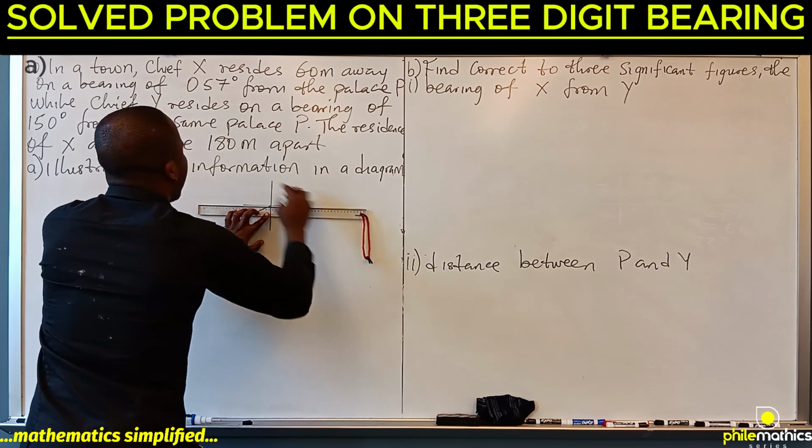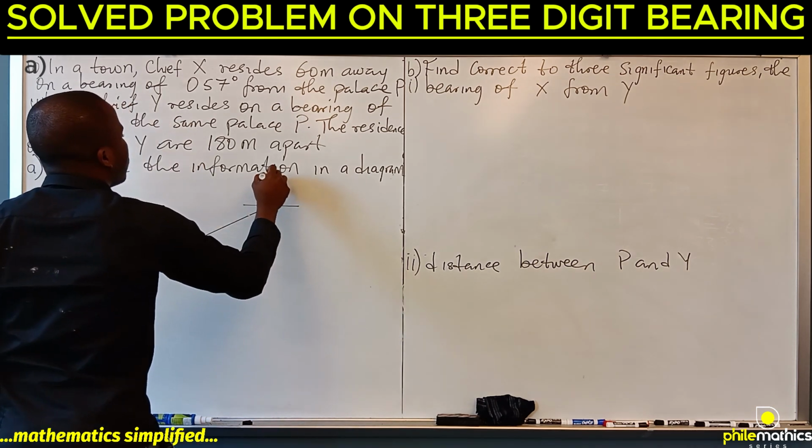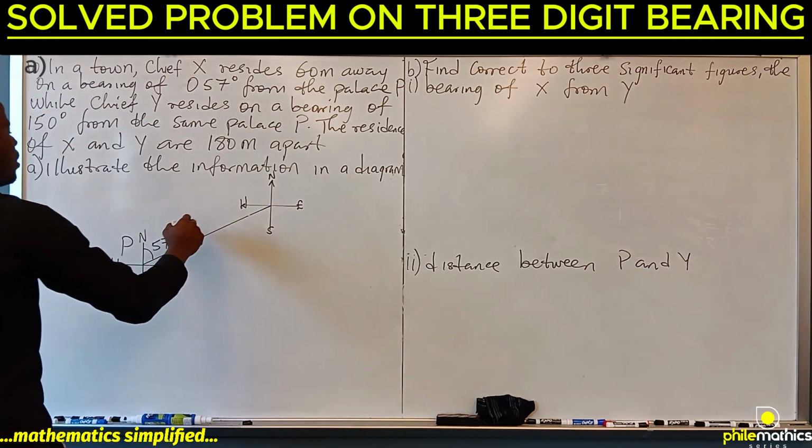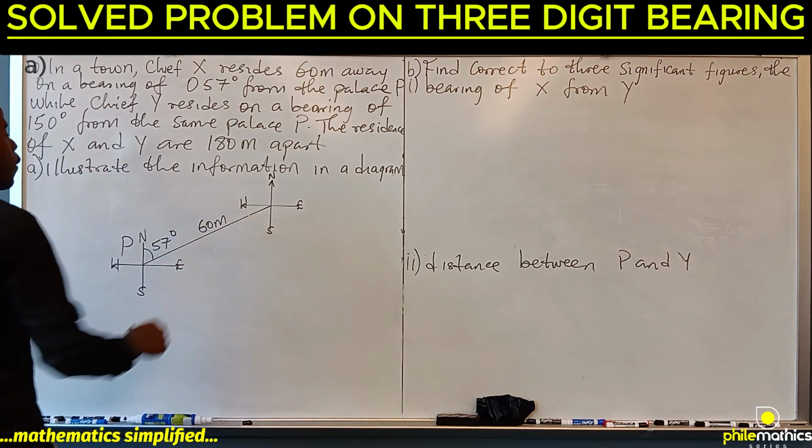And this is where X is located. North, south, east, west. And it is 60 meters away from it.